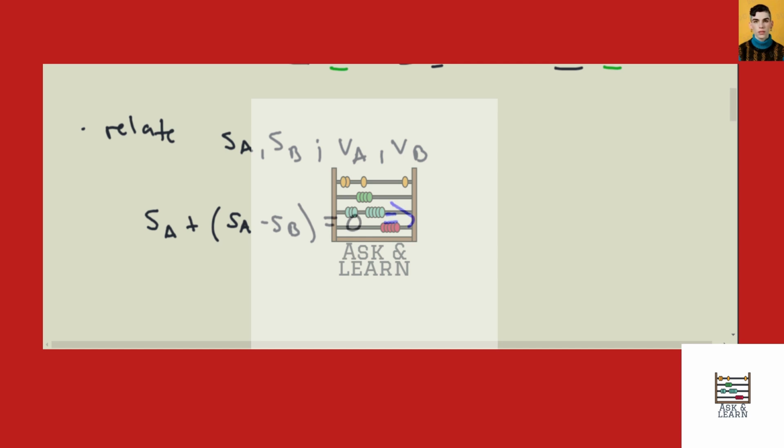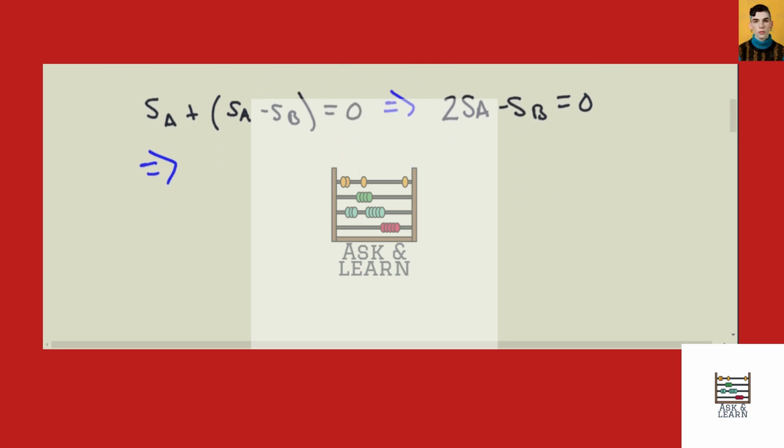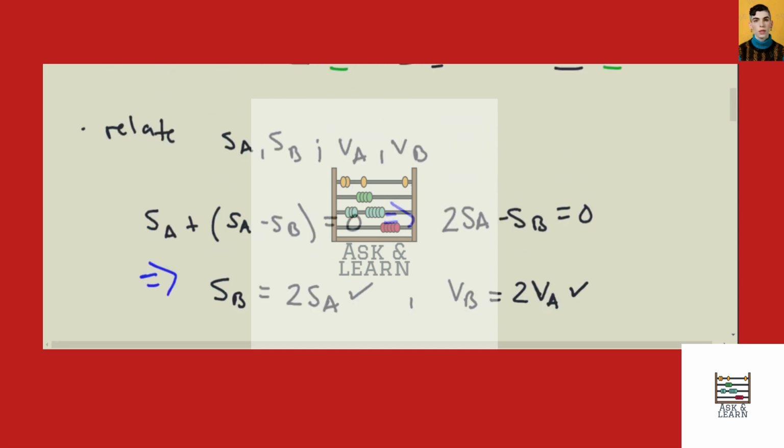So then we have 2 SA minus SB equals 0. Now we can solve for SB. So we have SB is equal to 2 SA. And then we can do the similar thing with the velocities. So we have VB is equal to 2 VA. So now we have an equation for SB and VB.